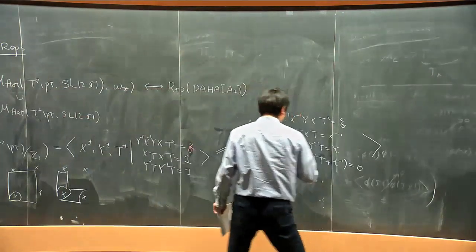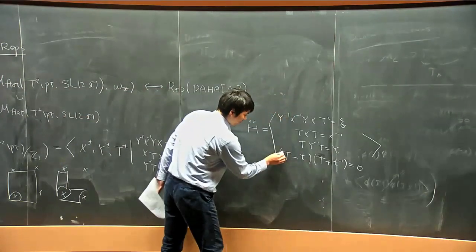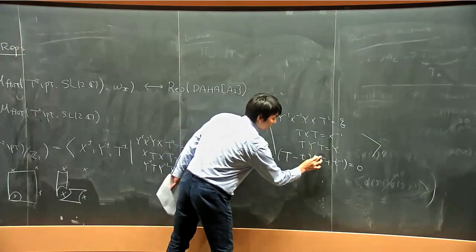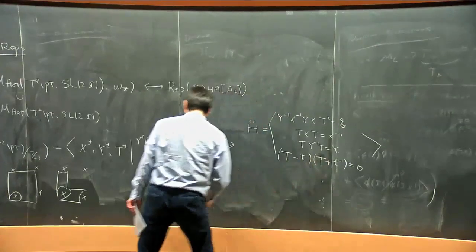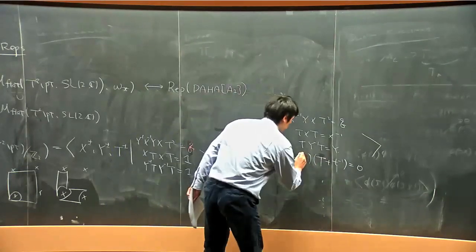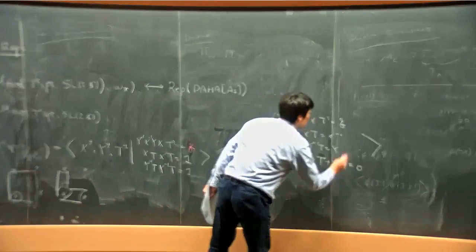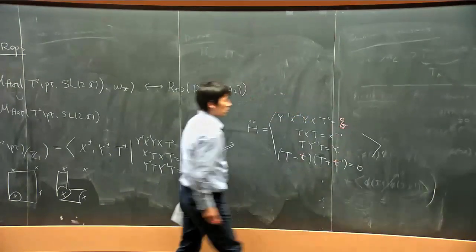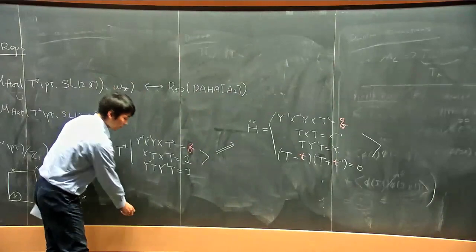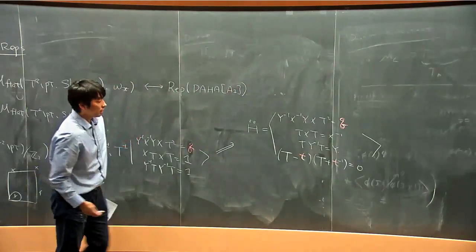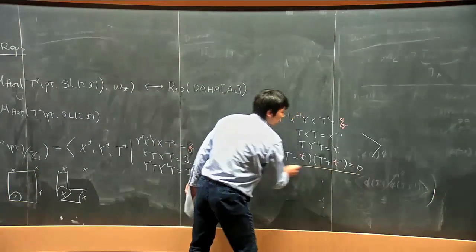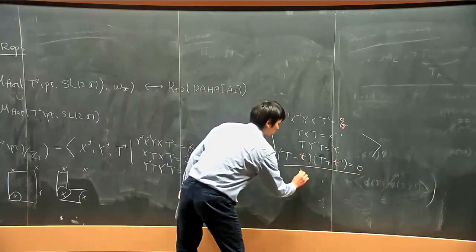This is small t, so please do not confuse. This is capital T, and this is small t, and the deformation parameters are small q and small t. These are two deformation parameters. And this is called the Hecke algebra.